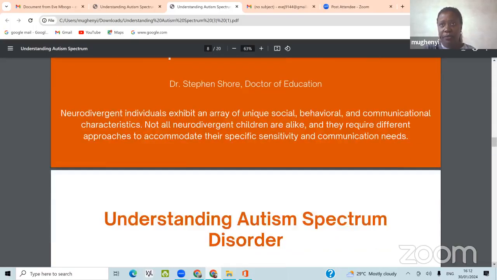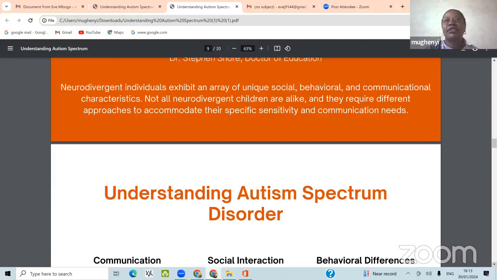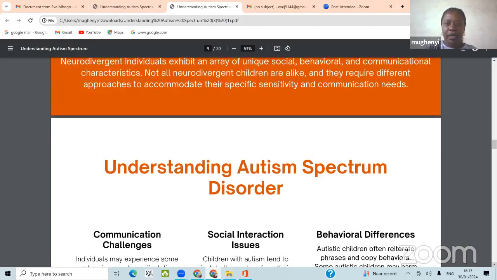They are not all the same. It is a spectrum. Some are severe, others are moderate, others are mild. So you cannot generalize them. They are very unique, and their capability also is unique.